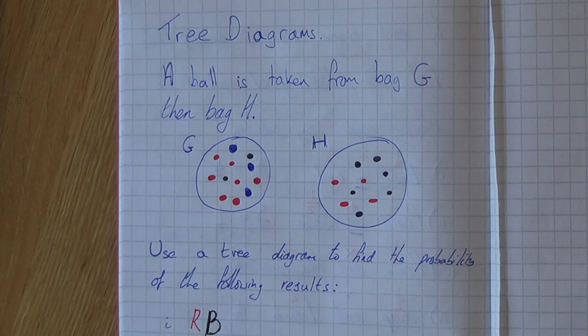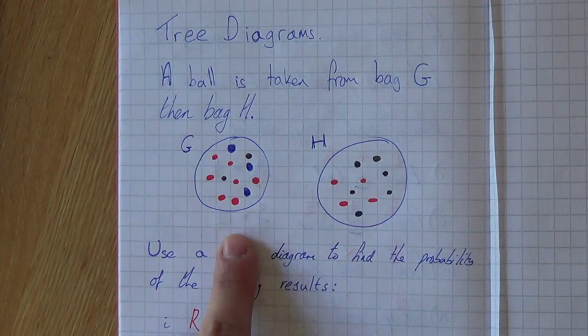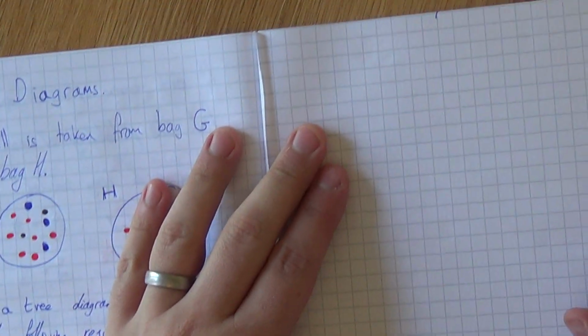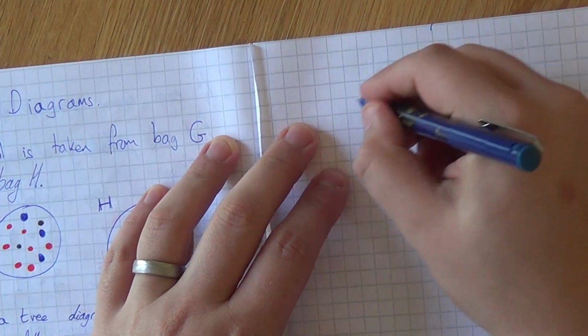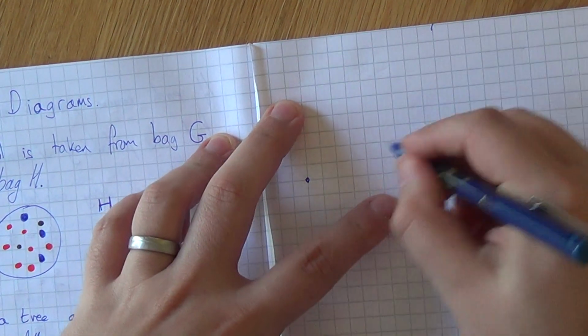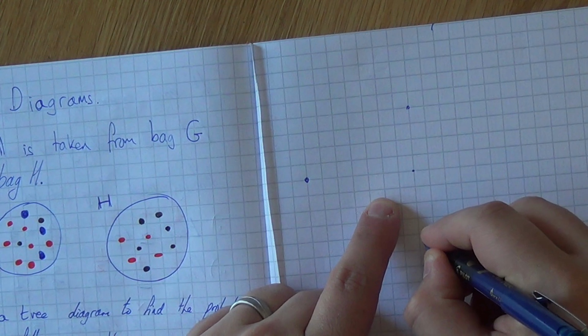So the first event is to take a ball from bag G. When we do that, there are three different outcomes that might happen. So in the diagram, that means our first event goes from somewhere here, and there are three outcomes which we're going to spread out like that.